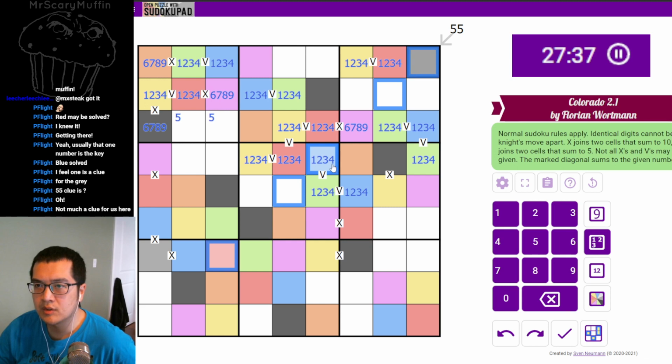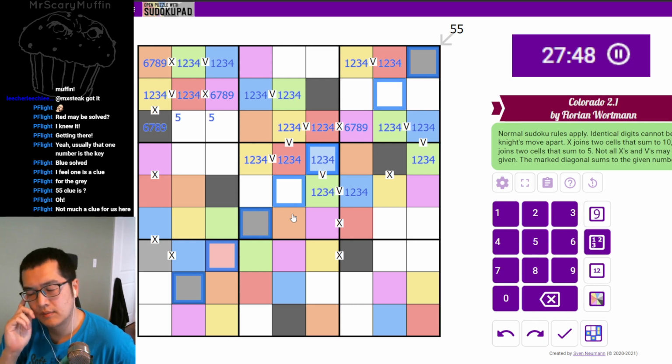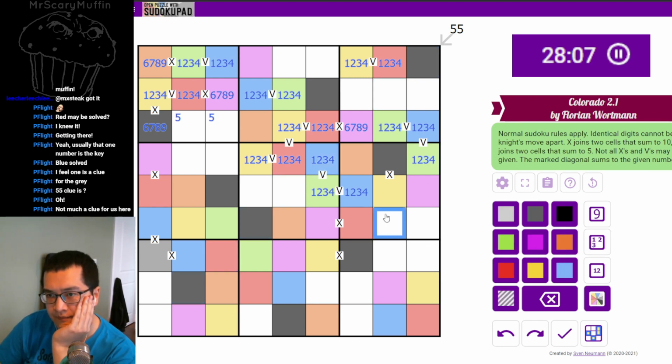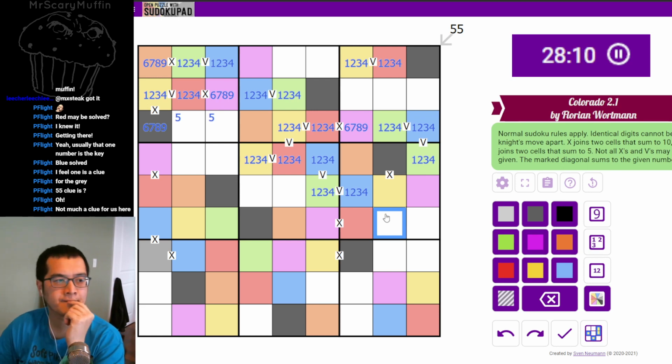If the blacks were 6s, then it would be 13 plus 18 is 31. And then this one would have to be the partner number for the red, so it has to be an 8 or a 9. Oh yeah, so it totally could be a high number. So that doesn't prove anything.